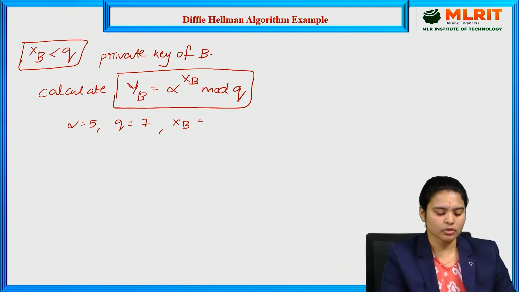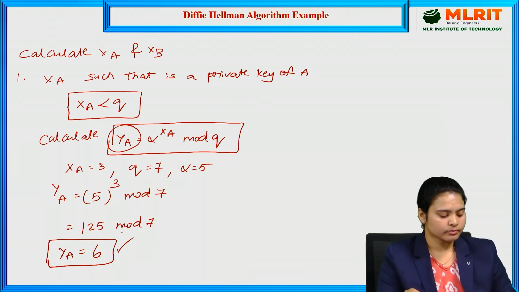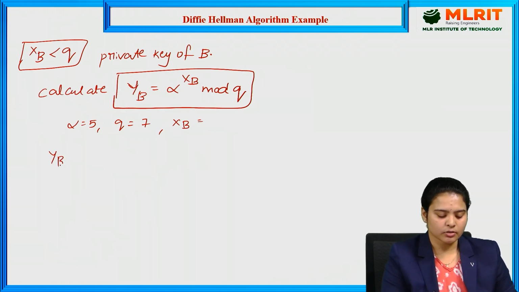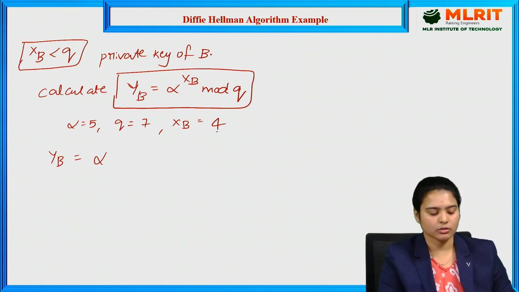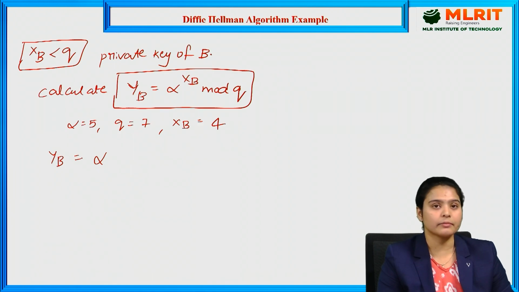We already know the value of YA. Here we need to find the value of YB equals alpha power XB. We already took XA equals 3, so I am taking the XB value equals 4.